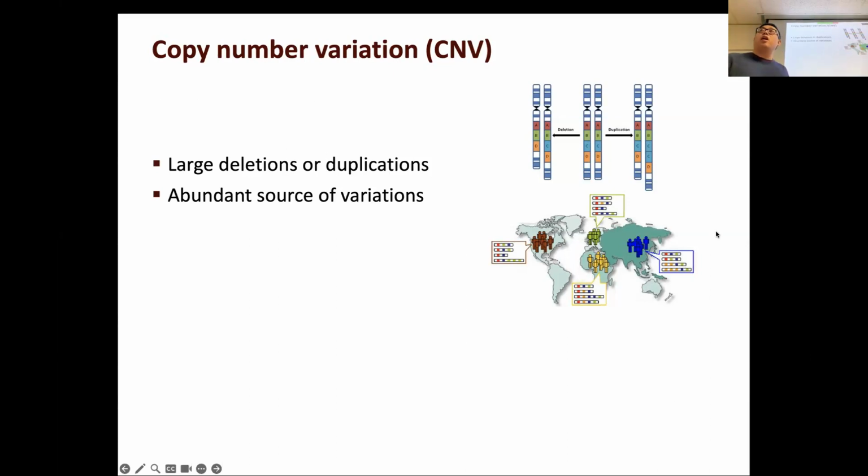These are what we call the germline copy number variations. They are inherited from the parents, and they really don't result in a very complicated consequence or phenotype. So basically, these are naturally inherited across the population from the parents, from generation to generation.